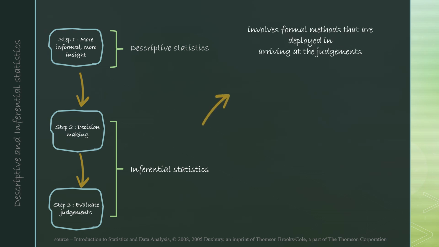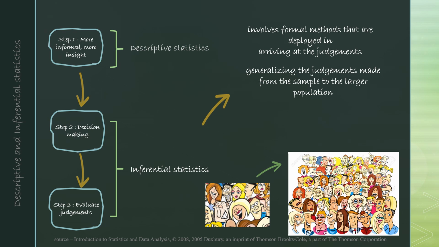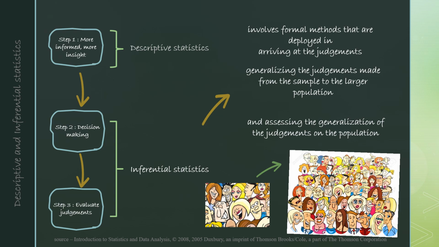Inferential statistics, on the other hand, involves formal methods that are deployed in arriving at the judgments, generalizing the judgments made from the sample to the larger population to which the sample belongs, and assessing the generalization of the judgments on the population.